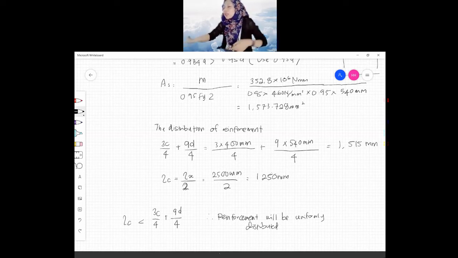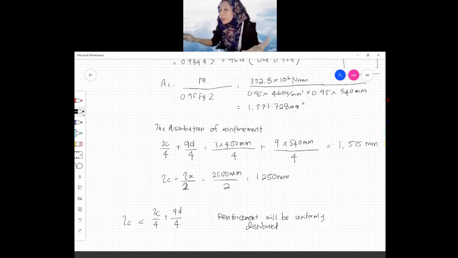Okay. Only then will you distribute the reinforcement evenly, when you get LC lower than 3C over 4 plus 9D over 4. Okay. Just imagine if you assumed the size to be big, you rounded up LX and LY high, for example 3,000. If 3,000 gives you 1,500, you are so lucky that the value is still lower than this 1515. Still lucky. Okay.